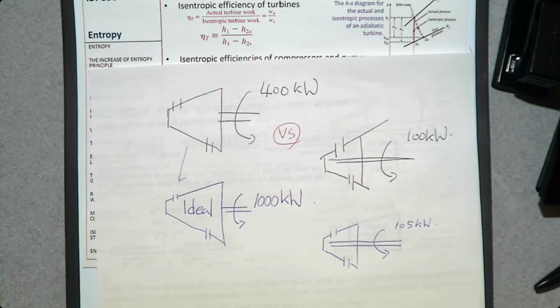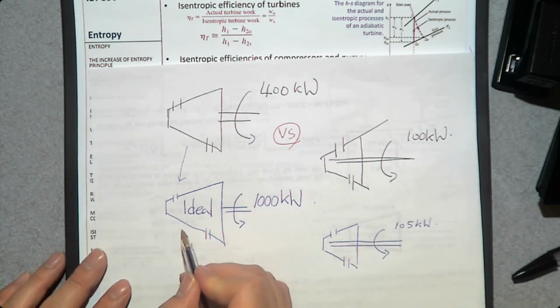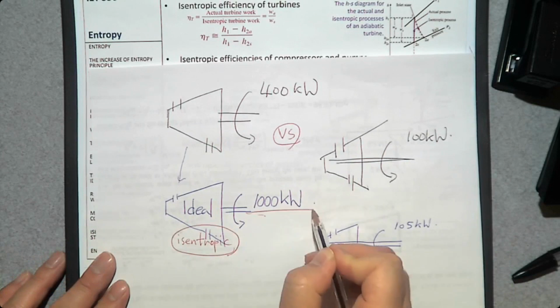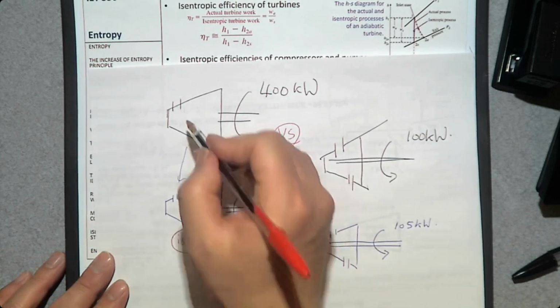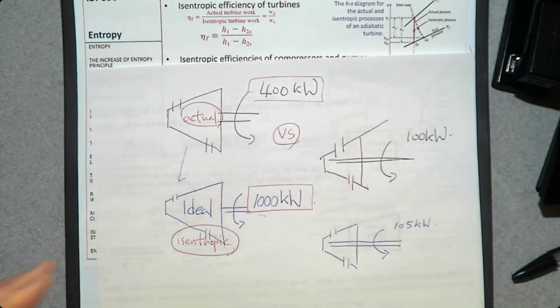If the isentropic turbine produces 1,000 kilowatts and the actual turbine produces only 400 kilowatts, how close is it to the ideal turbine?